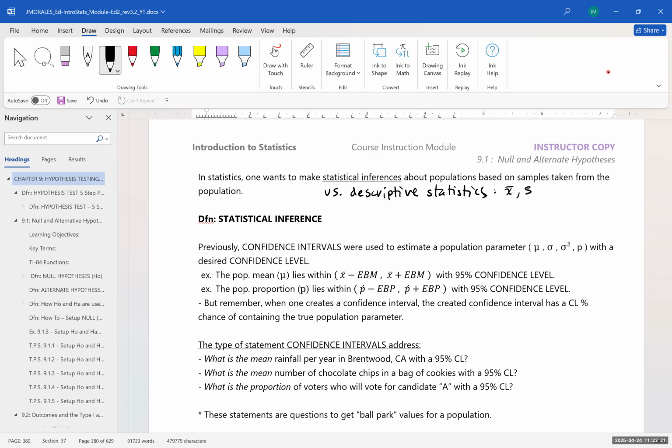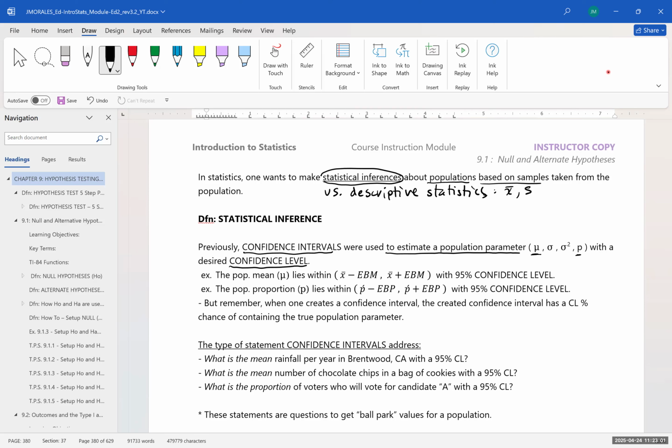Now, let's look at this definition of what we mean by statistical inference and how it applies to populations based off of information we get from samples. So previously, confidence intervals were used to estimate a population parameter. The population parameters that we looked at specifically were the population mean and the population proportion. And so we created confidence intervals to estimate a population parameter with a desired confidence level.